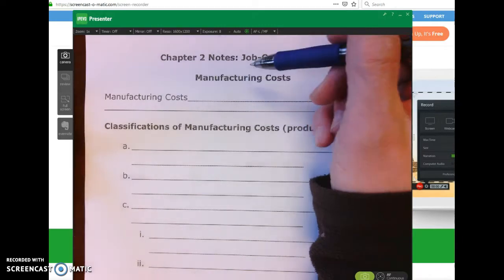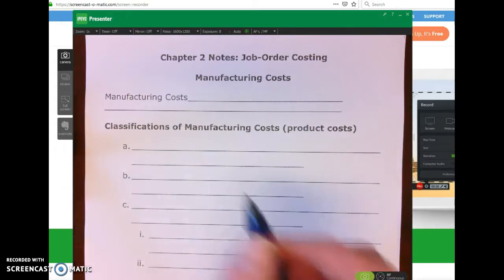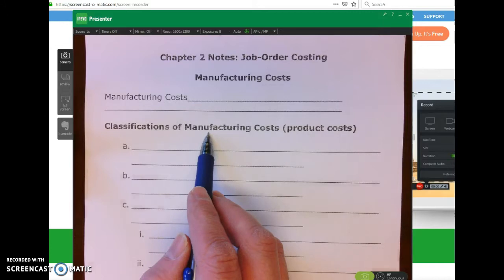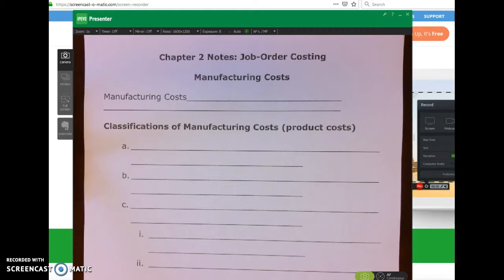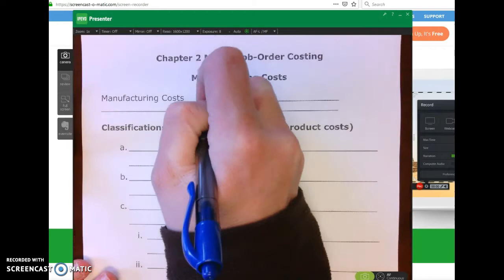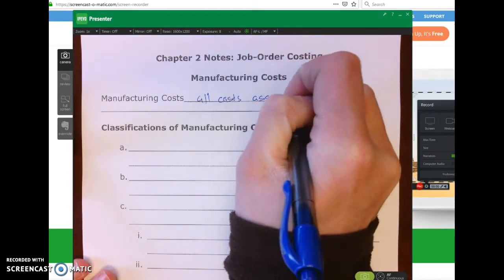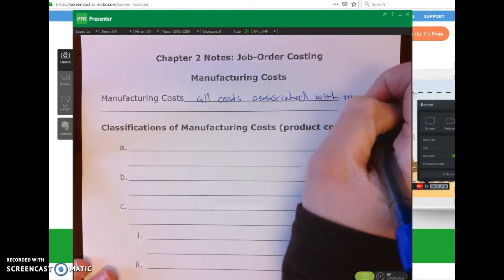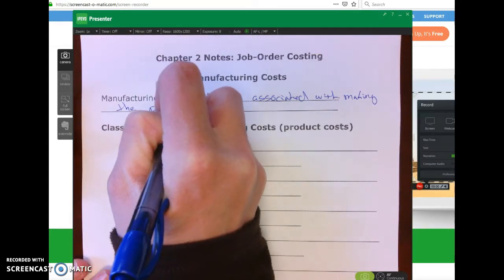Before we can get into the way the job order costing system works, we first have to define product costs versus period costs. When we talk about manufacturing costs, we can also call those product costs. Manufacturing costs, or product costs, are all costs associated with making a product that we make.